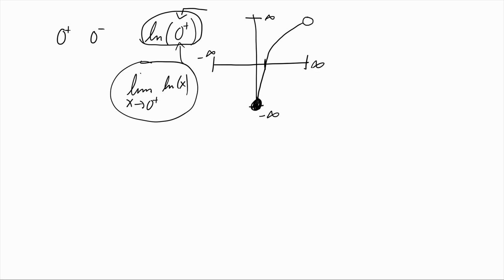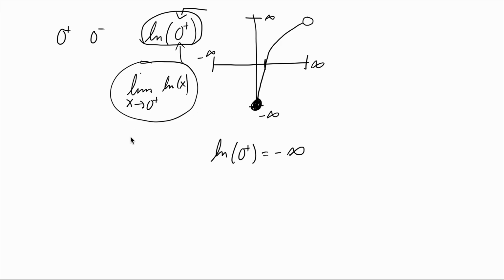So if we fill in, it actually is a plug-in if we're thinking about plugging 0 into a right continuous version at 0 of the natural log function. And then it is like a plug-in. So you literally can think about that. If you did that, you'd actually get the ln of 0 plus is equal to negative infinity.